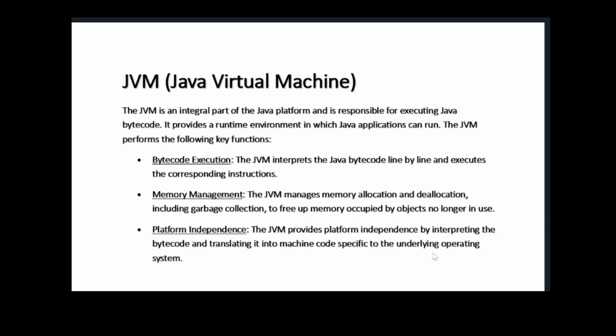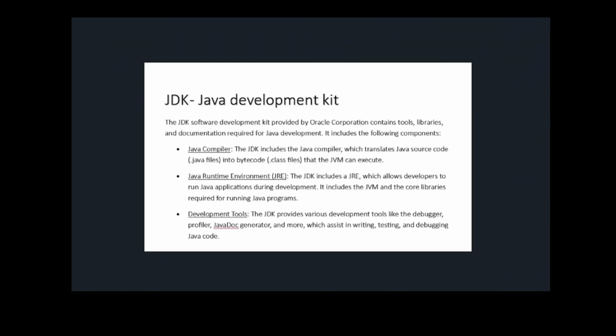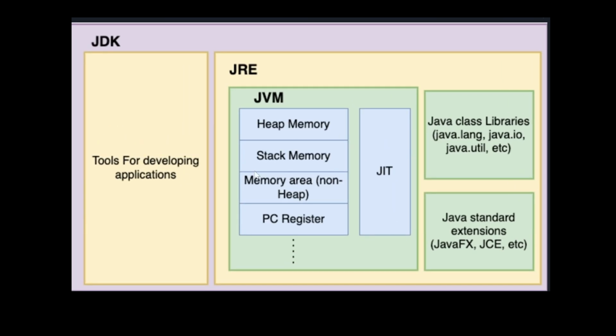Third, it is platform independent, because the JVM interprets the bytecode regardless of the underlying operating system. As we have already discussed, the JVM has heap memory, stack memory, the memory area, and the PC register. So these are the main features of the JVM.